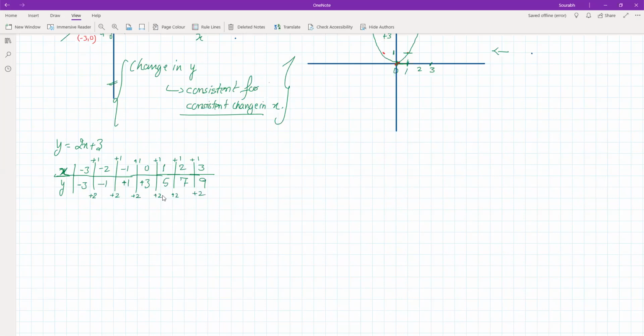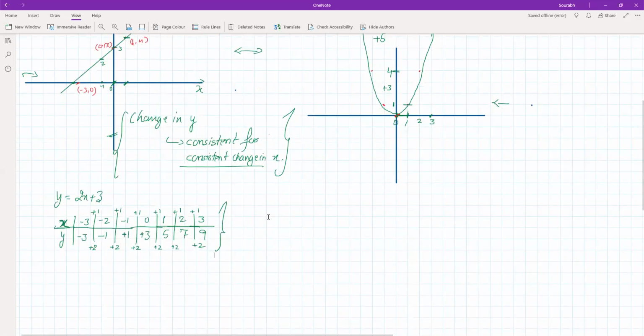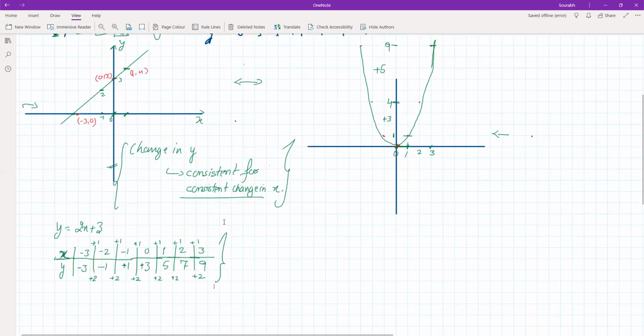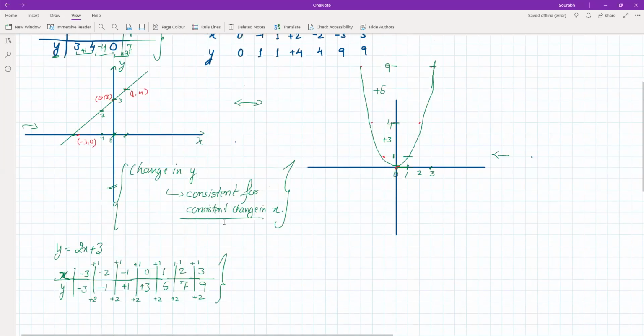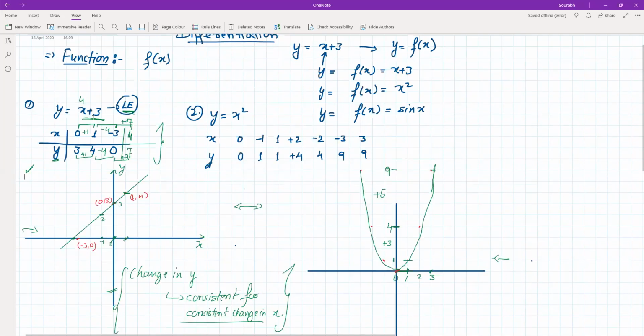So these are the two graphs. So that's what I mean when I say consistent change in x will result in consistent change in y. So it is not equal change. It's not like if x is changed by 4, y will also change by 4. Right? So here, incidentally, we had the case where change in x was equal to change in y.